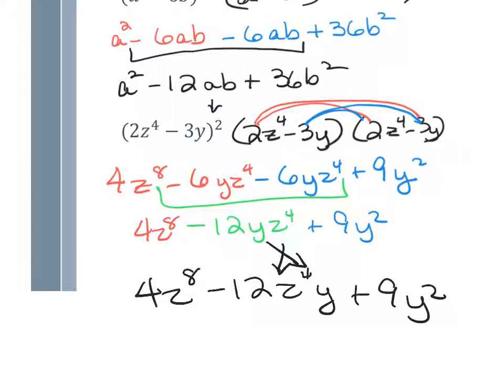My answer is in standard form based on the z. If you would have put the 9y squared first, that middle term would have stayed the same, and then you could have flip-flopped these. But I just picked the largest exponent and FOILed it or distributed it from there.